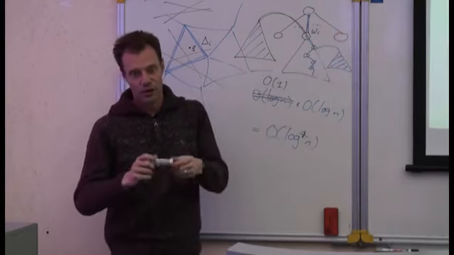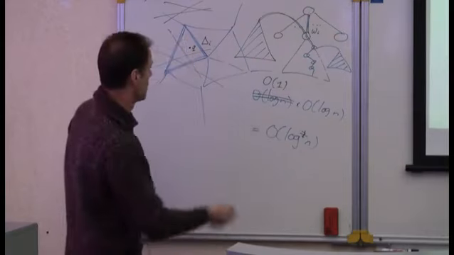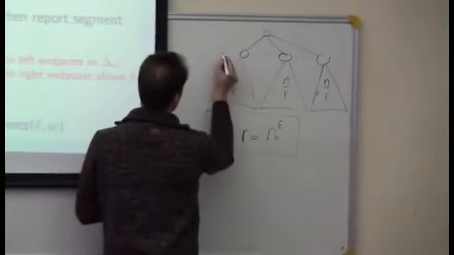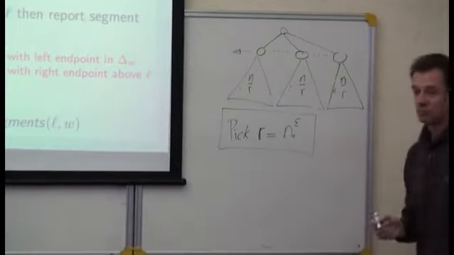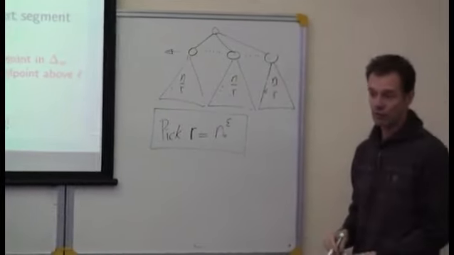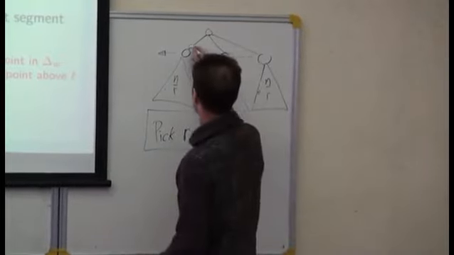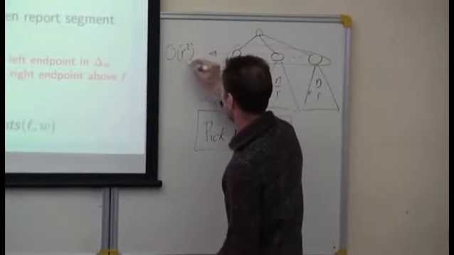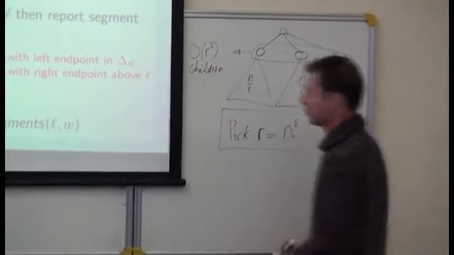So how did we do that before? I simply said, here I have, how many nodes did we have? R squared, right? O of R squared children.